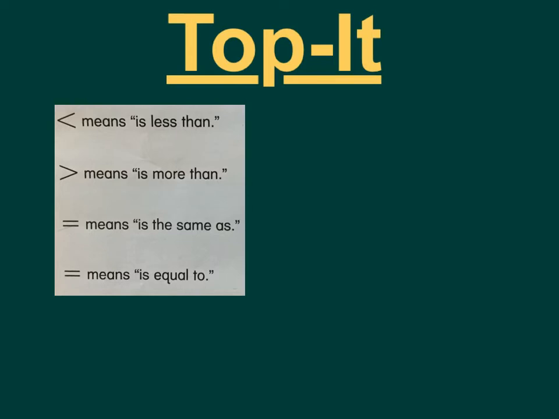Now, to review, when I see this symbol, I recognize that it's making an L, and it means less than or smaller than. When I see this symbol, I'm thinking about my alligator's great big mouth, and it means more than or greater than. And I use the equal sign when something is the same as, or is equal to, another number.